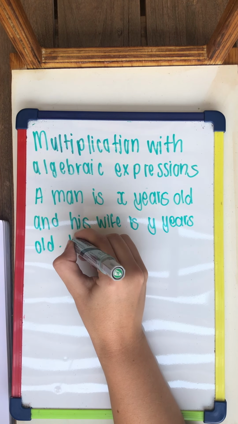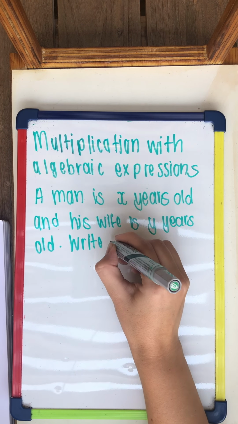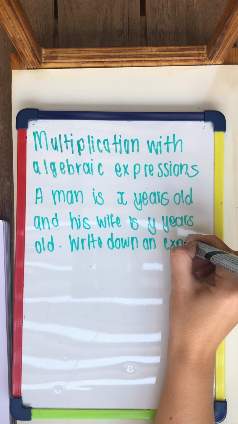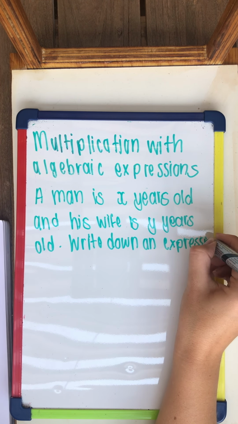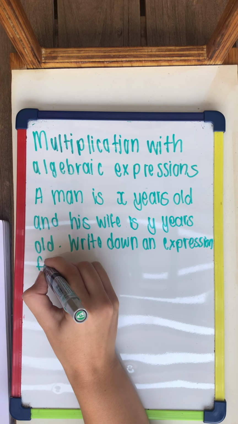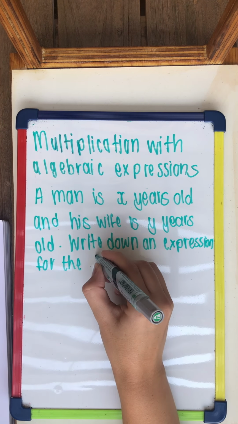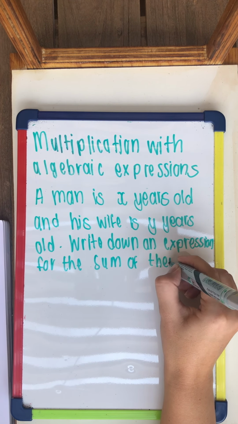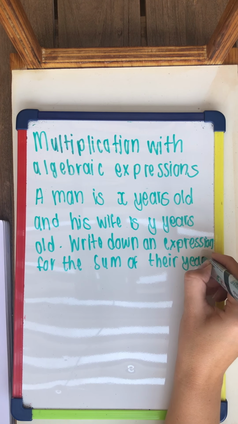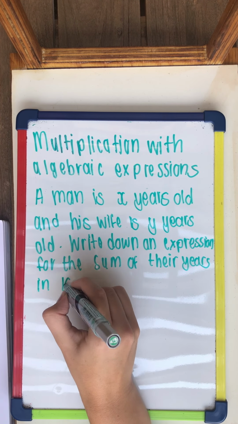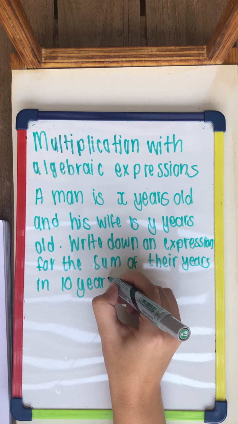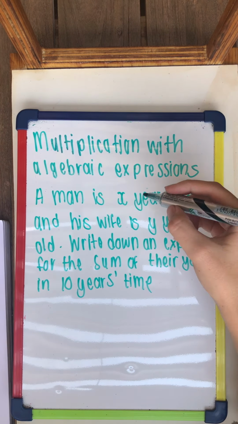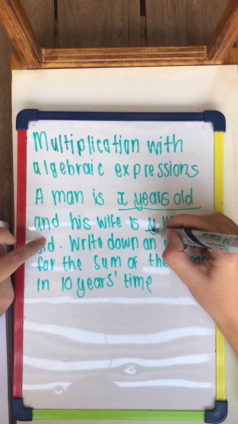Okay, write down an expression for the sum of their years in 10 years time. Okay, so I know the man is X years old and I know his wife is Y years old.